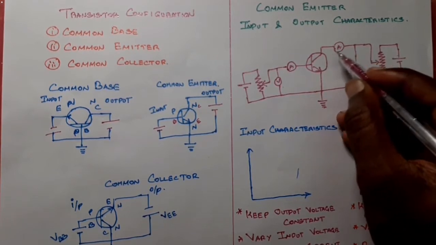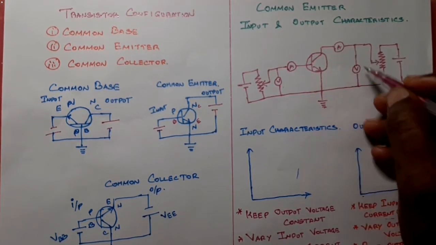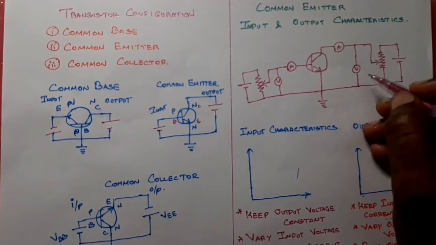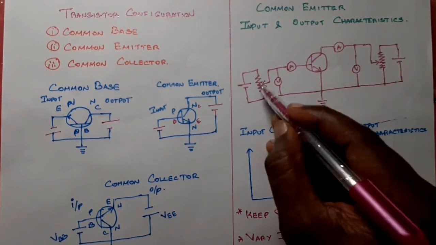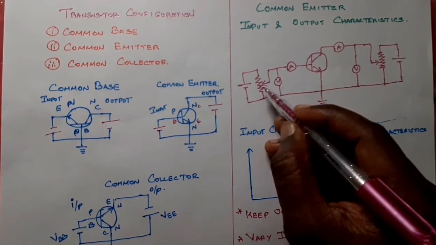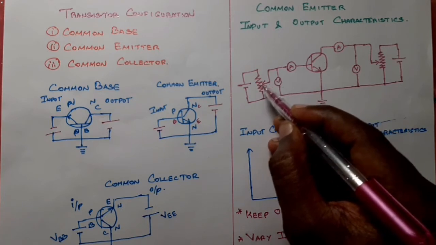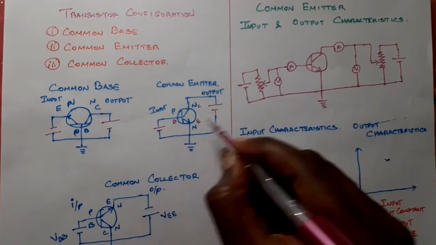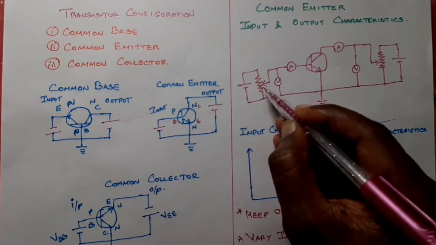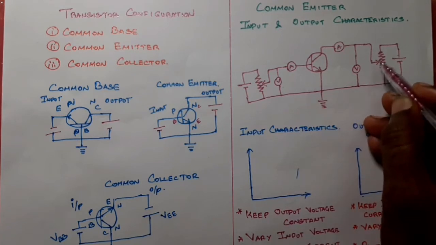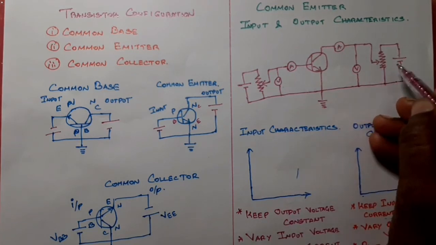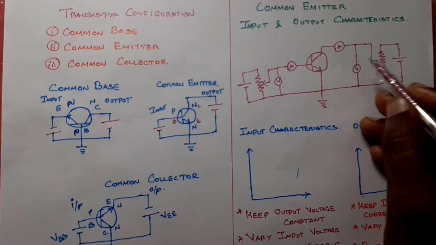An ammeter should be connected in series and a voltmeter in parallel, isn't it? Then we have connected one more resistance, a variable resistor, to vary the voltage provided inside the circuit.